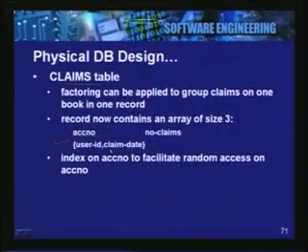So, this particular record will have an array indicating the user's ID and the date on which the claim was put for this book by different members. This is going to be efficient, since all the data will be available in a single record.